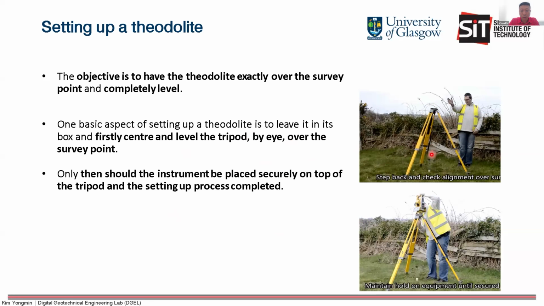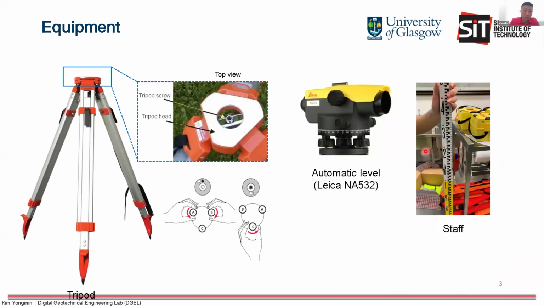Especially the tripod. Let me go back. If you see, actually the tripod here has a thumb screw for you to turn. It's to fix the tripod leg, but don't overturn because these are all aluminum.